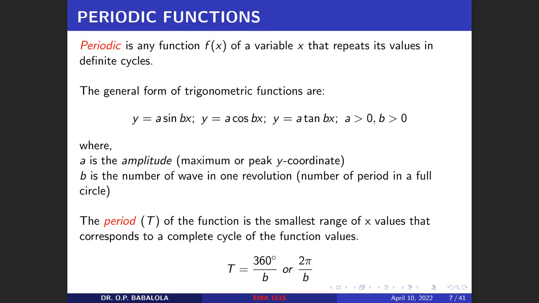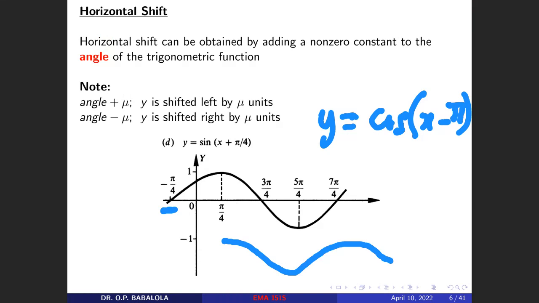If you go back, let me take you a step back. In this graph, what is the amplitude of the graph? Can someone tell me? 1. I think the amplitude is equal to 1. Thank you. The amplitude is 1.